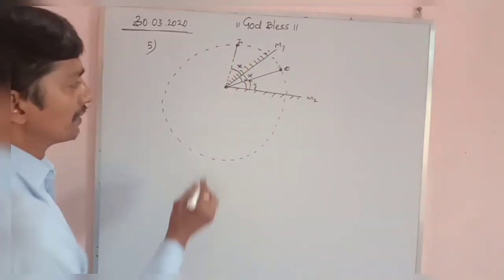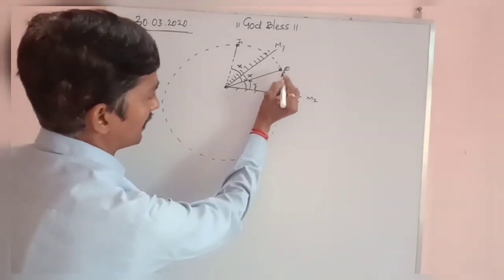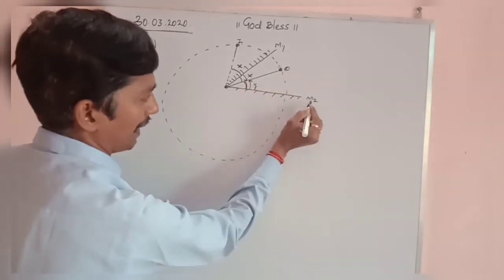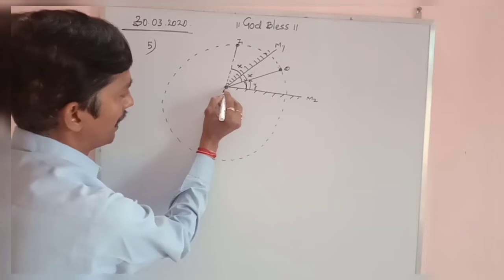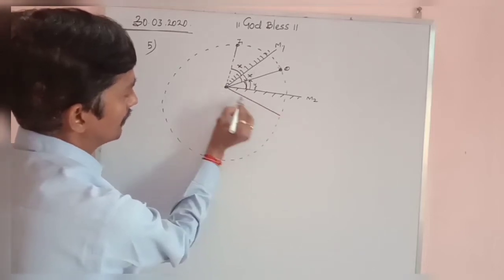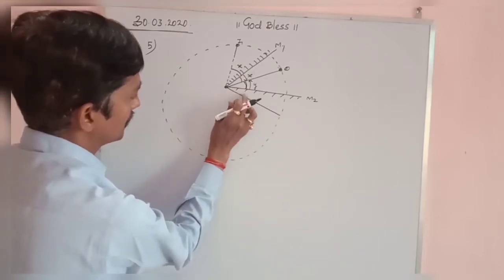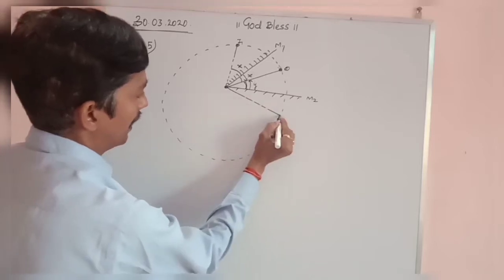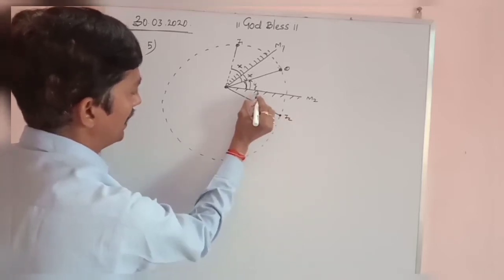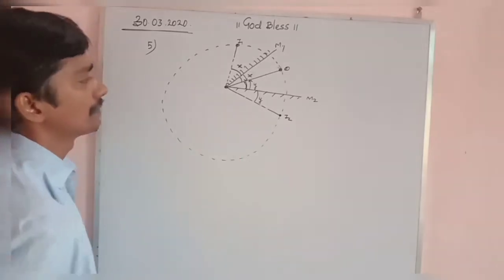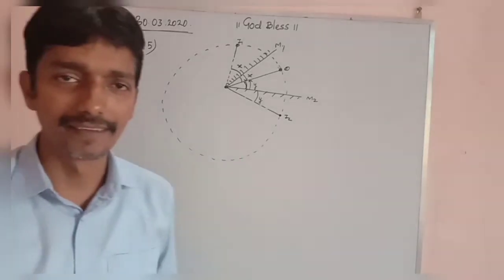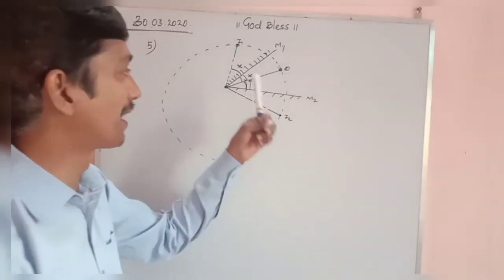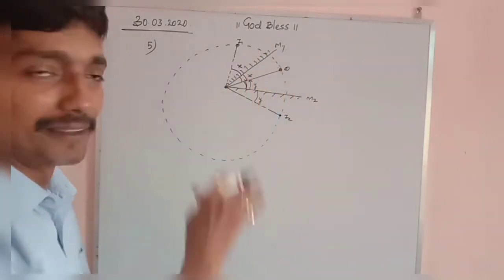Similarly, the object is at angle Y from mirror M2, so it will make the image here, say I2, at Y. Clear so far? Simple, right? I am using the circular trick and the mirror is inclined.